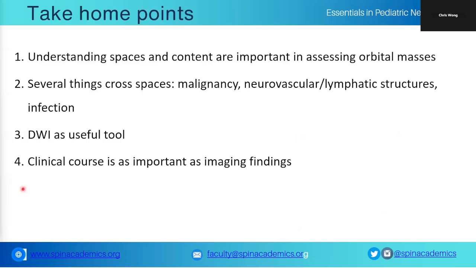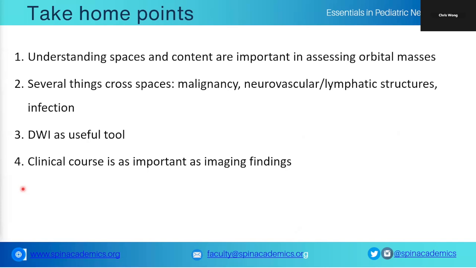So here come my take-home points. First, to understand orbital imaging, we have to understand the spaces and contents in order to assess the orbital masses, the intraconal space and the extraconal space. And remember, there are several things that can cause a mass, and that will include malignant tumor, neurovascular, lymphatic structures, or infection.